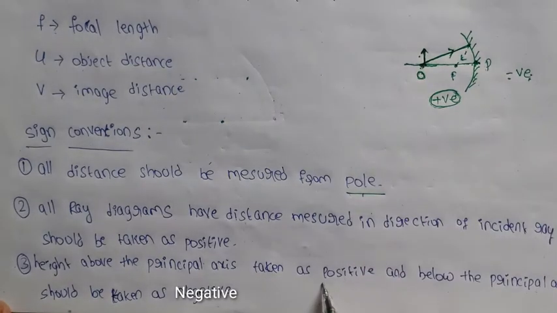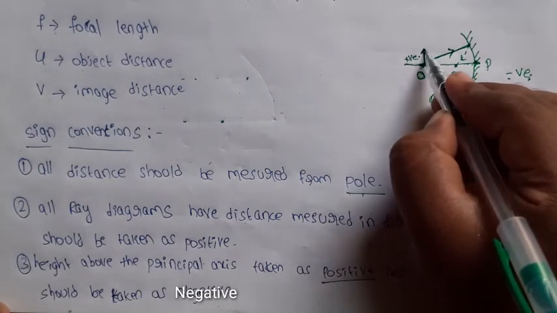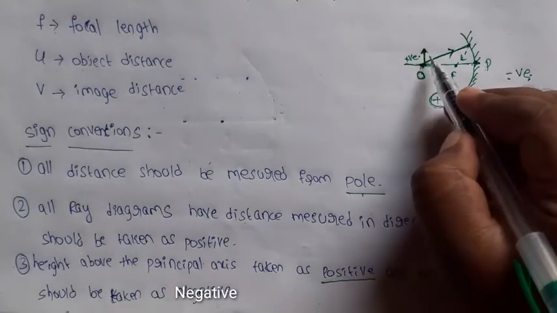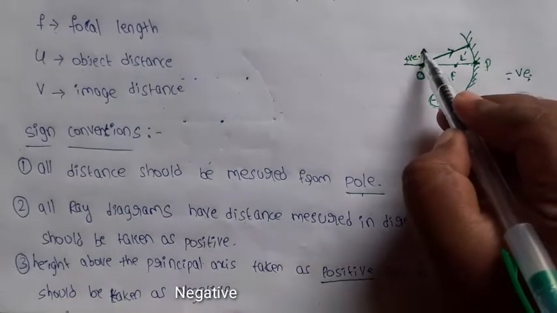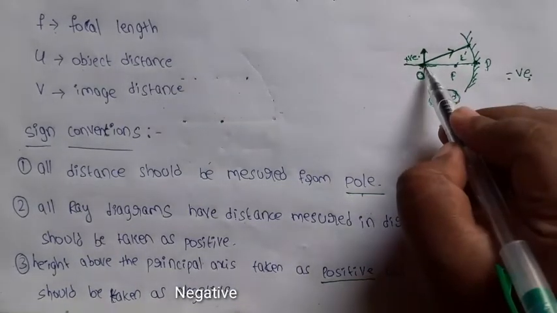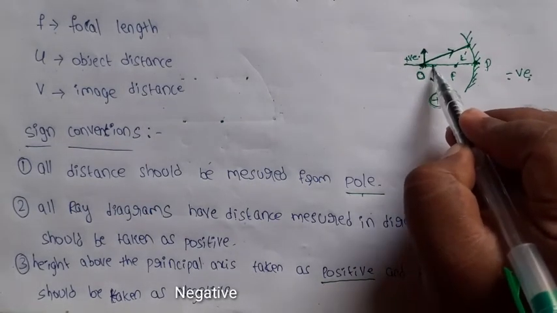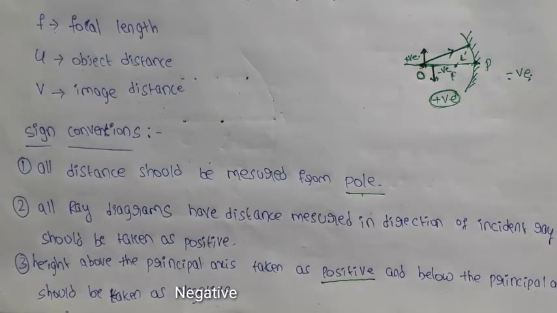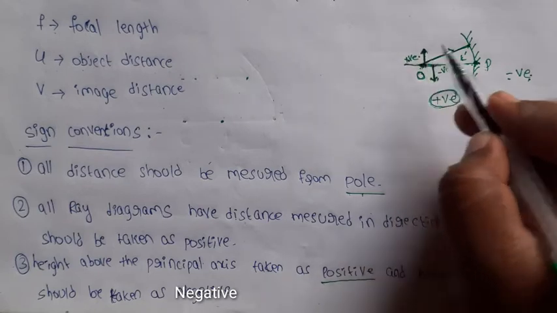When the height is above the principal axis, you can take the positive value.